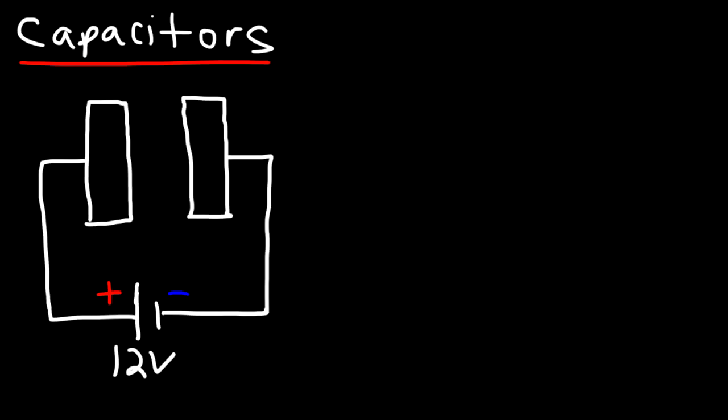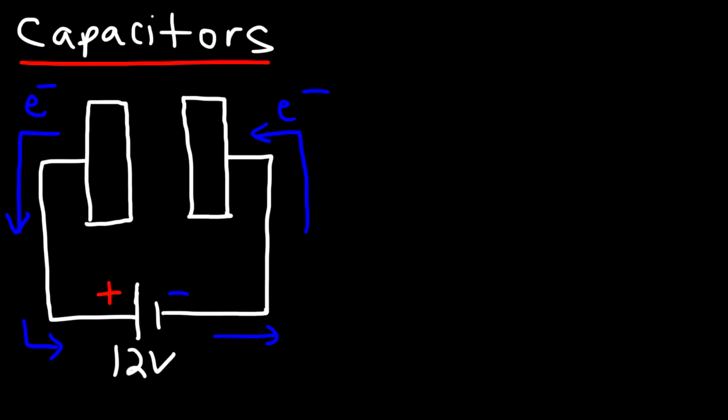Electrons are being pulled from the plate on the left, and they flow through this circuit, and the electrons are being deposited on the plate on the right. The voltage applied to the capacitor causes the electrons to flow from one side and pumps them to the other side.